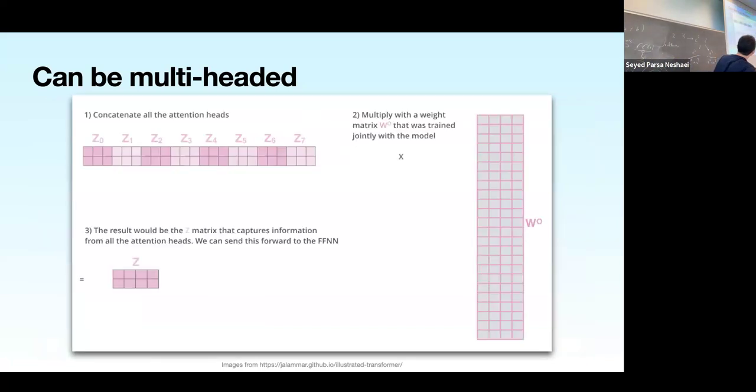Perfect. So this is yet another example of some multi-threaded visualization. I try to collect some visualizations that are nice to put here. So what is usually done in practice to make it even easier for the GPUs is that you can concatenate all the attention heads together to do one very big matrix multiplication. I think it's obvious, right? Because if you concatenate two matrices together, you can do the matrix multiplication, and you can also separate the results based on the two matrices.